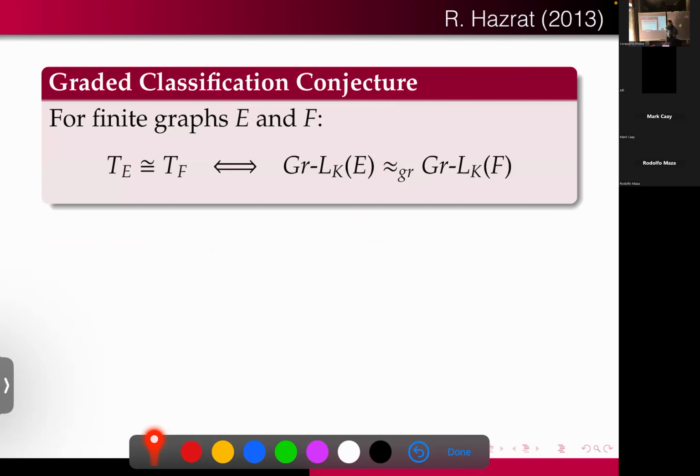In particular, Roozbeh Hazrat, my supervisor from Western Sydney University, Australia, in 2013 conjectured that you can classify the talented monoids in terms of classification on the Leavitt path algebra side.